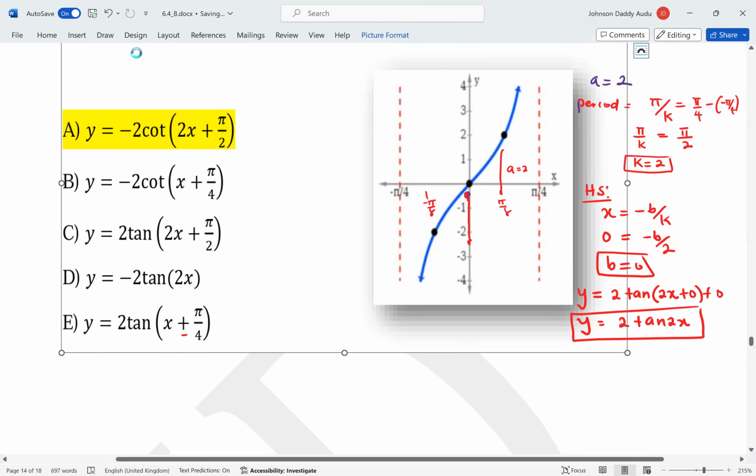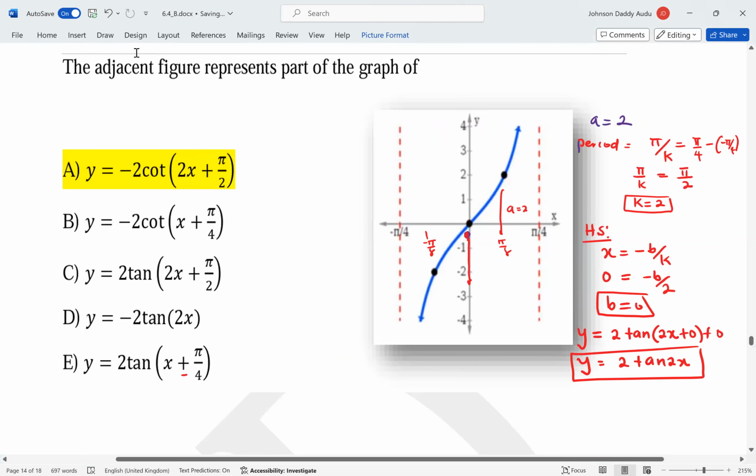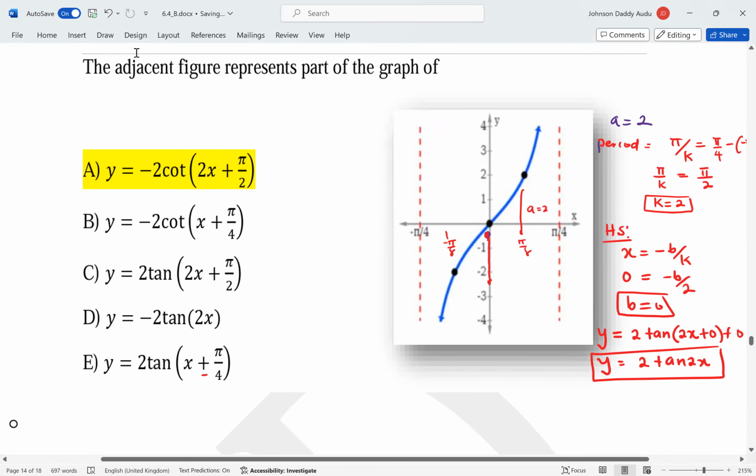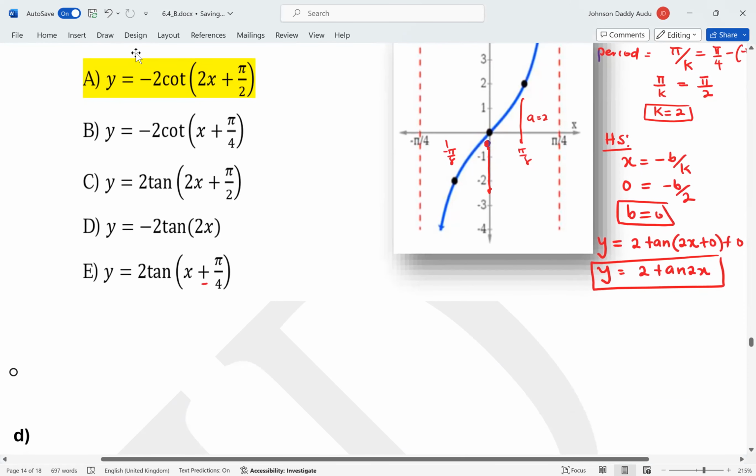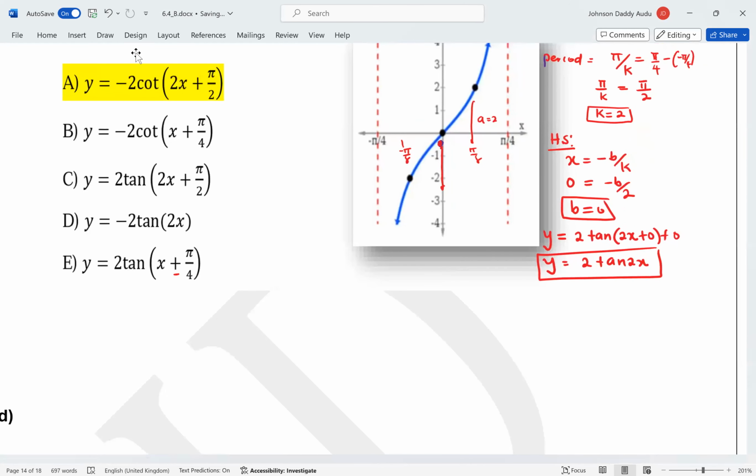So we can leave it here, right? Or you can try to transfer this one in terms of cotan. You can take it back to cotan, and simply you can apply the co-function identity.